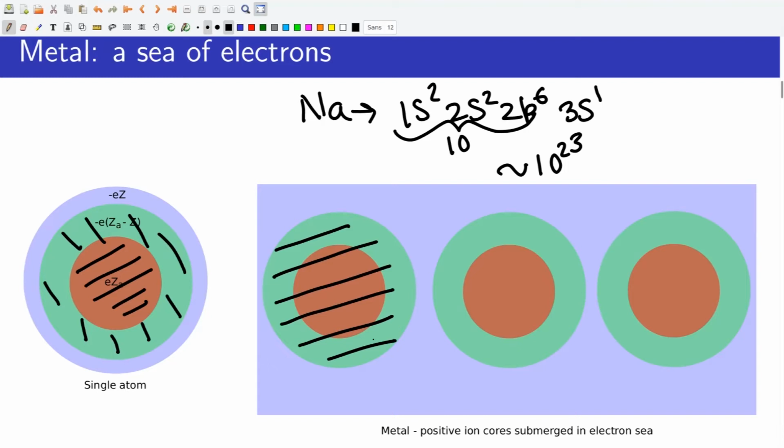Nucleus and core electrons together form the positive ions. And these positive ions are very heavy and immobile compared to the single electron. The valence electron, which is 3s1 in case of sodium, gets detached and moves freely, forming the electron gas.